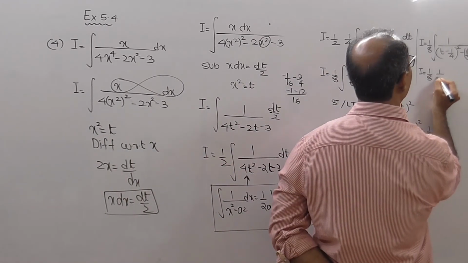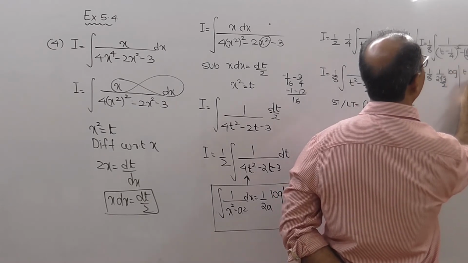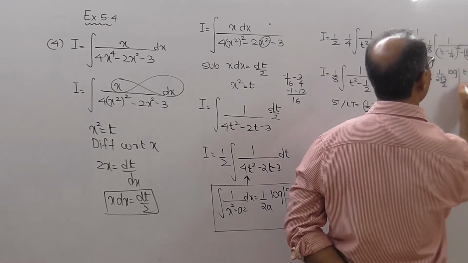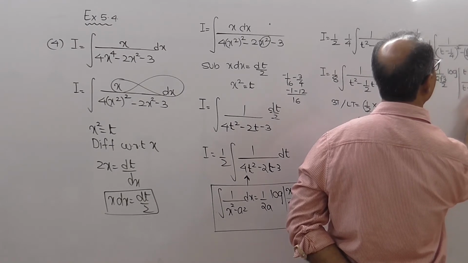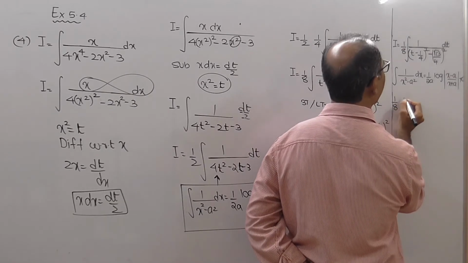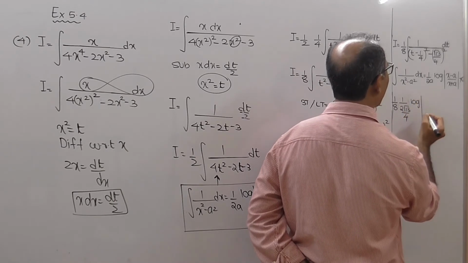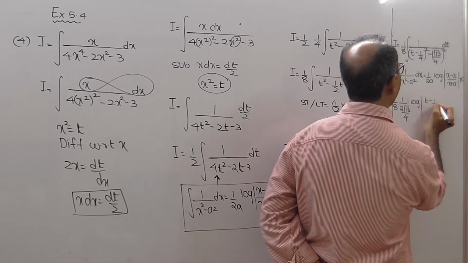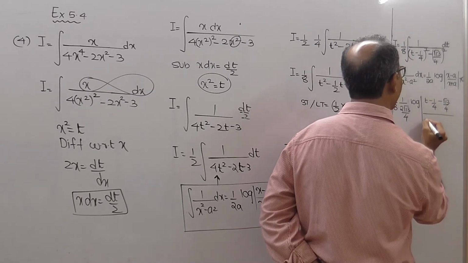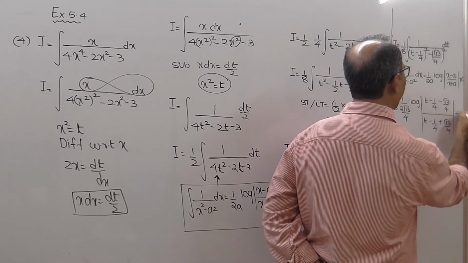This is 1 upon 2a, meaning 1 upon 2 root 3 upon 2, log modulus x minus a upon x plus a and plus c. 1 upon 8, 1 upon 2a log modulus x minus a, meaning t minus 1 upon 4 minus root 3 upon 2, upon t minus 1 upon 4 plus root 3 upon 2, plus c.